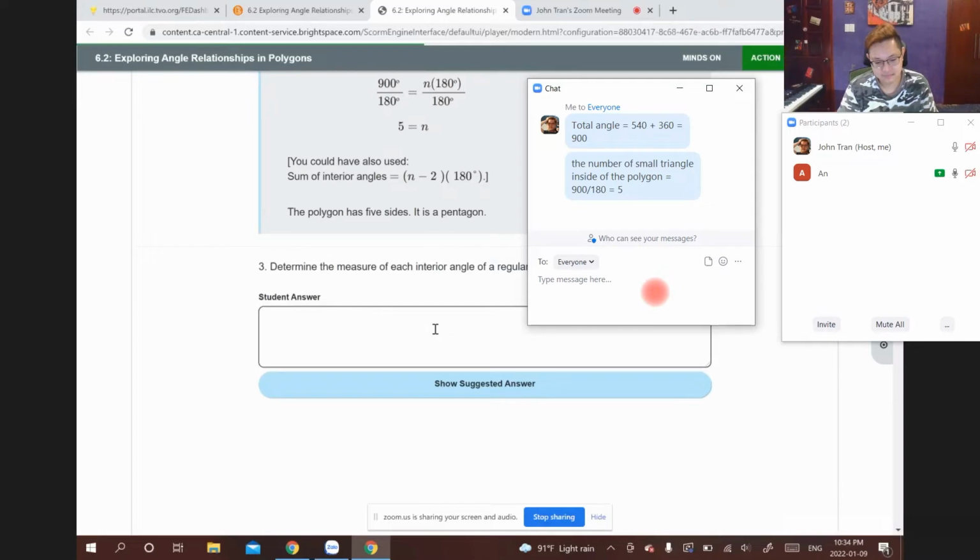Determine the measure of each interior angle of regular hexagons.